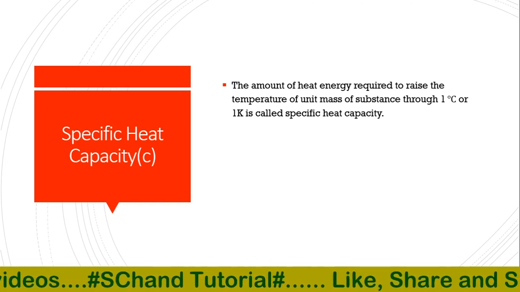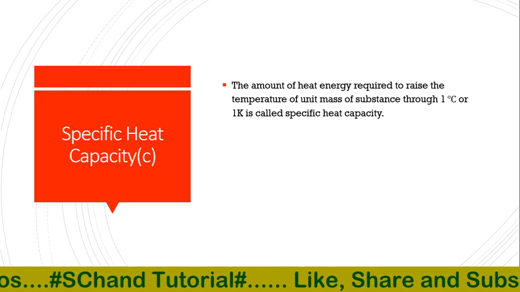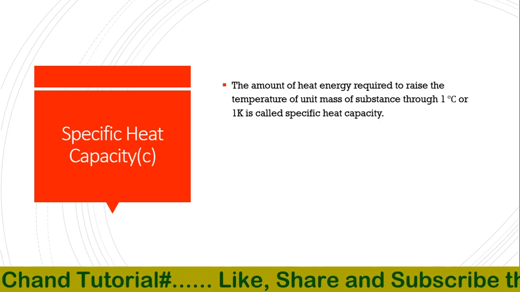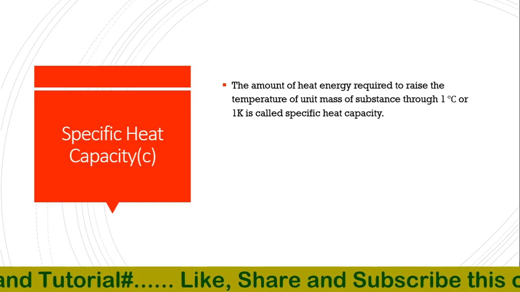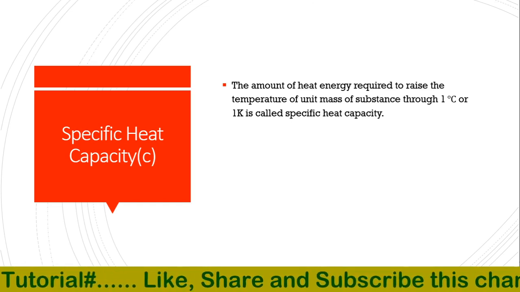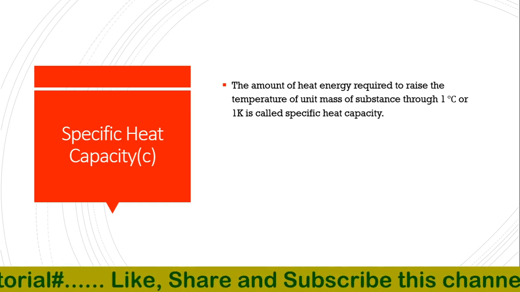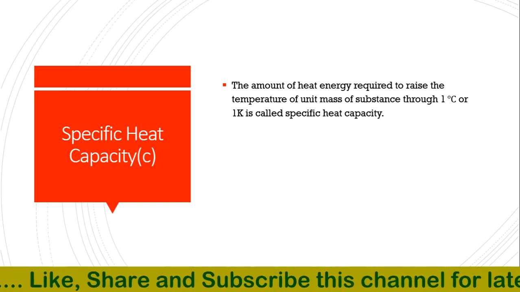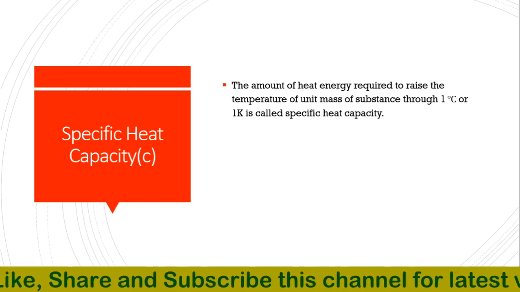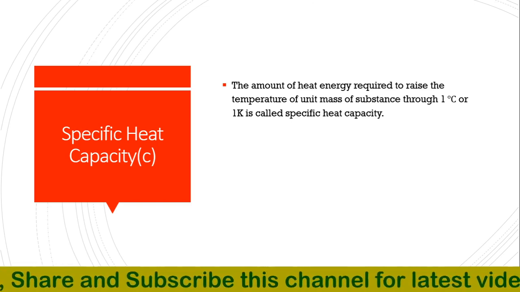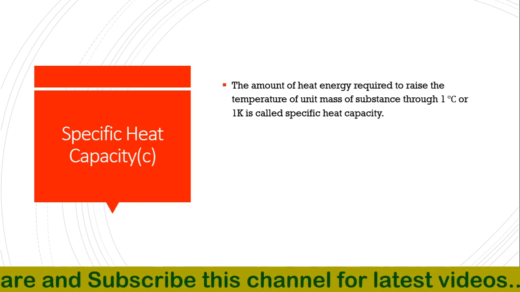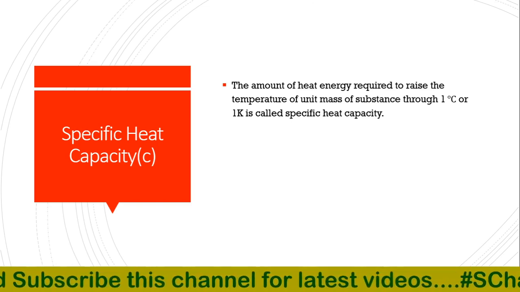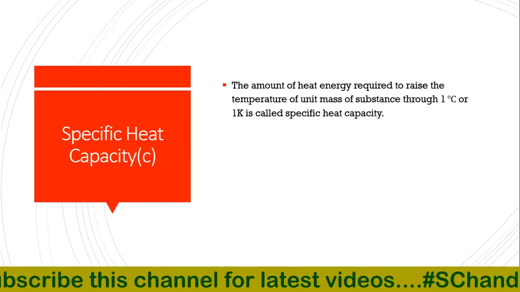Heat capacity is for the given substance, and specific heat capacity is about the unit mass of the substance. Here we are considering the mass of the substance. In heat capacity we are not talking about the mass, it is the given mass of the substance. So this is the slight difference between heat capacity and specific heat capacity that you must remember, because it is asked.